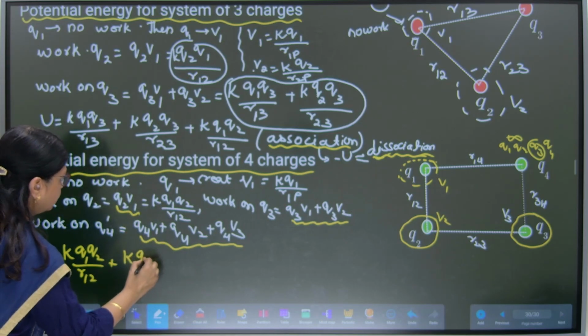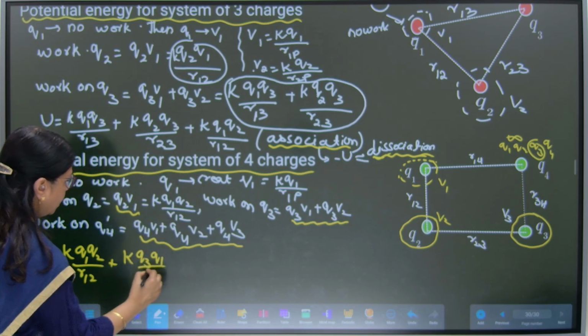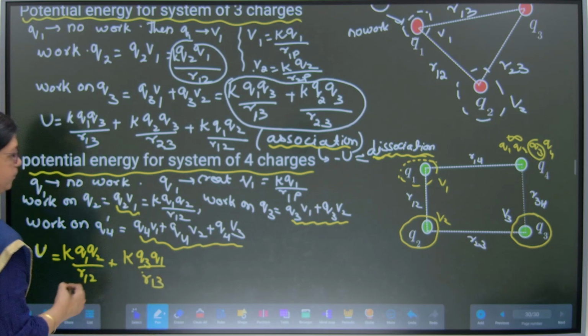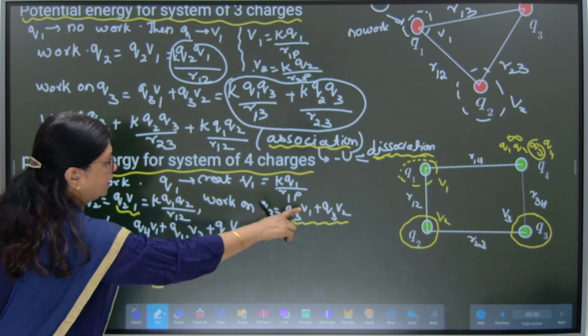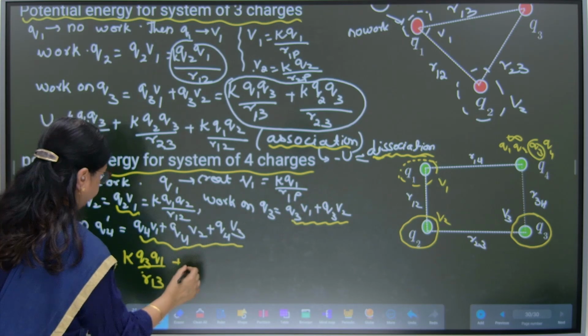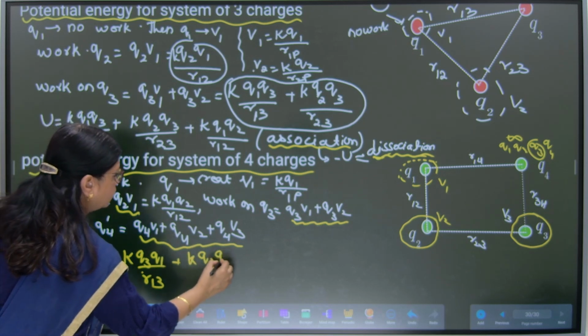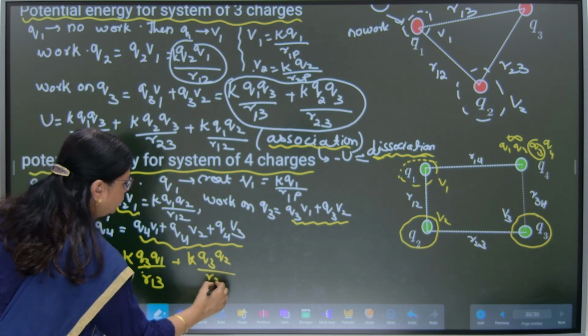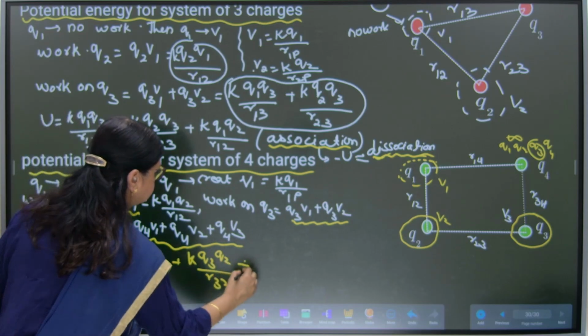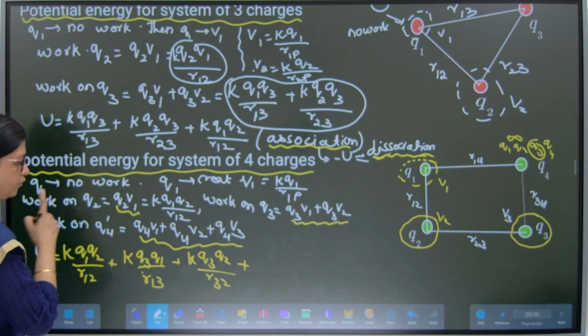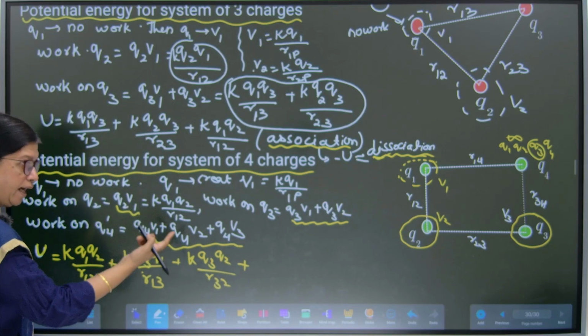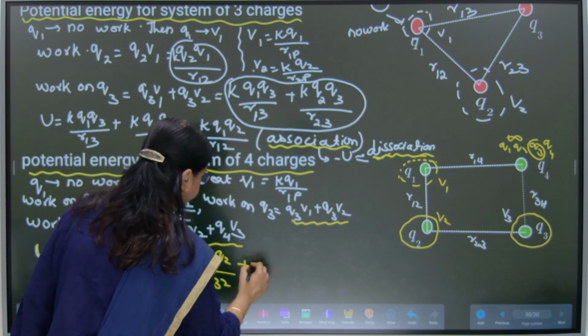K Q3 Q1 upon R13 plus, what combination you have to remember? 3 and 2. So K Q3 Q2 upon R32 plus, come to this configuration, Q4 and V1. So 4 and 1.